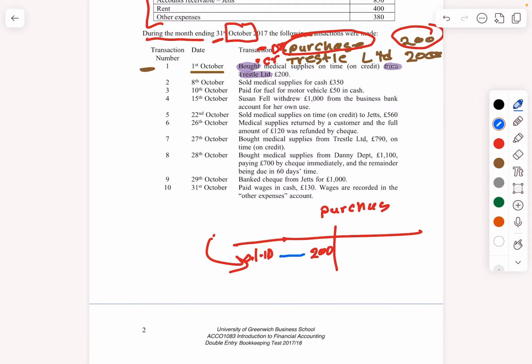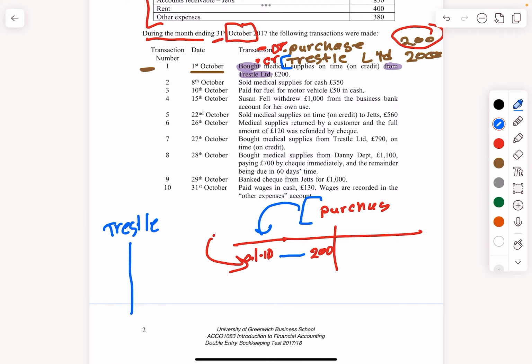I know it's a bit complicated, but we have to put the transaction name as the opposite. So when I say what is debited and what is credited, that means under the purchase account it's gonna be debited. Under the account of Treasure, credited.